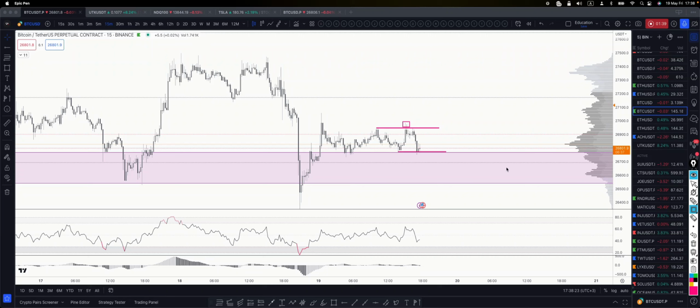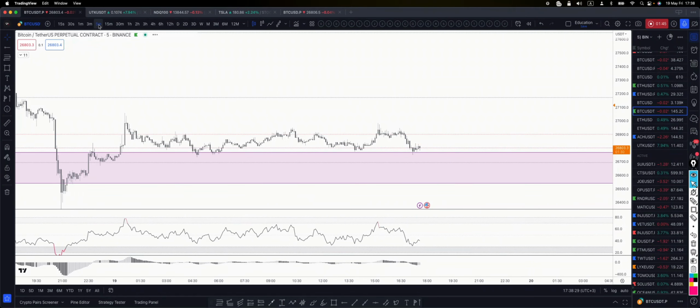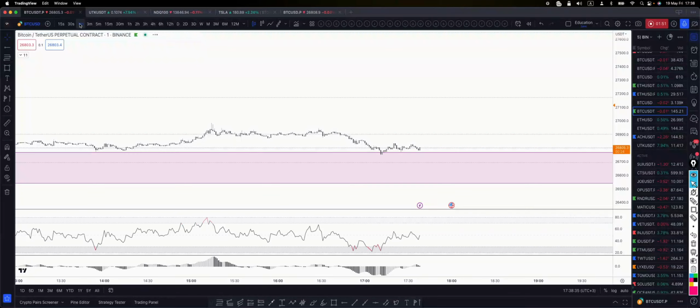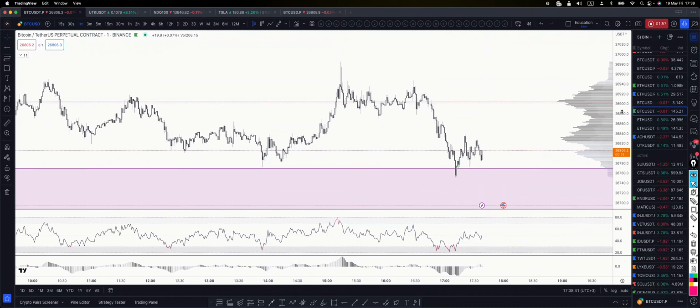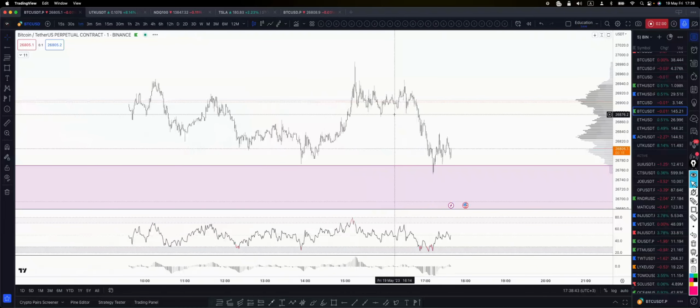Then that's your scalp. So even 15 minutes is bullshit. 5 minutes is also like that. And finally, 1 minute is the only one that has some kind of potential.